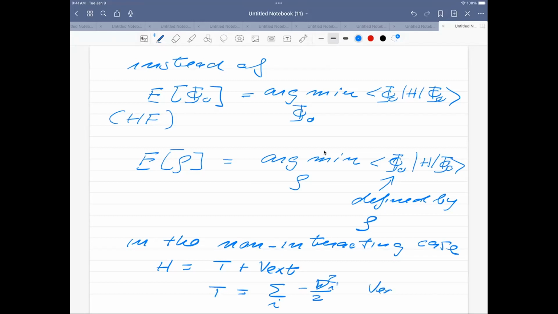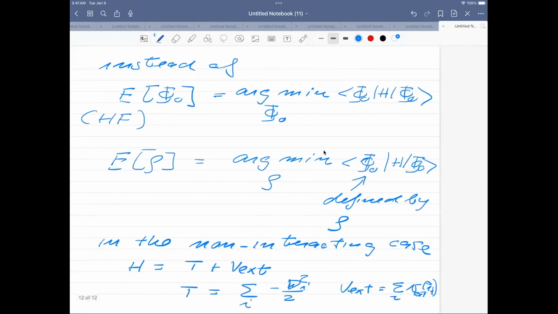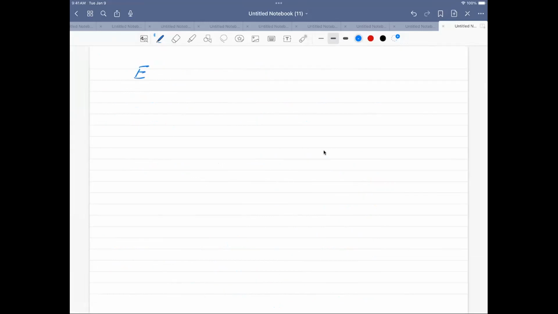And this V external is just the sum of all these external single particle potentials which we have, so we would have a V external of R of i.